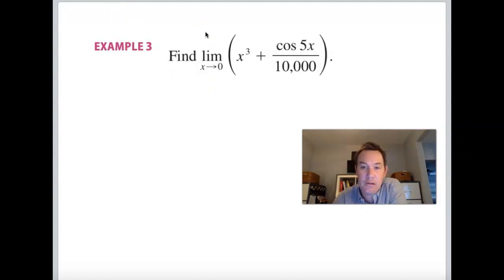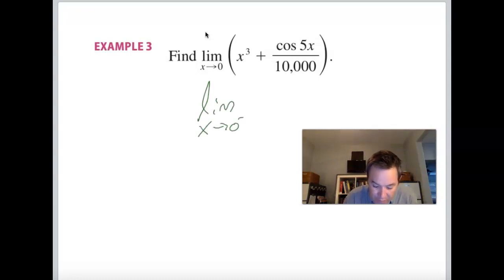So this one we want to look at what's going on with x cubed plus cosine 5x over 10,000 as x approaches 0. This one's not especially difficult, and you can just do it in your calculator the same way. Make sure that you are approaching 0 from both sides.